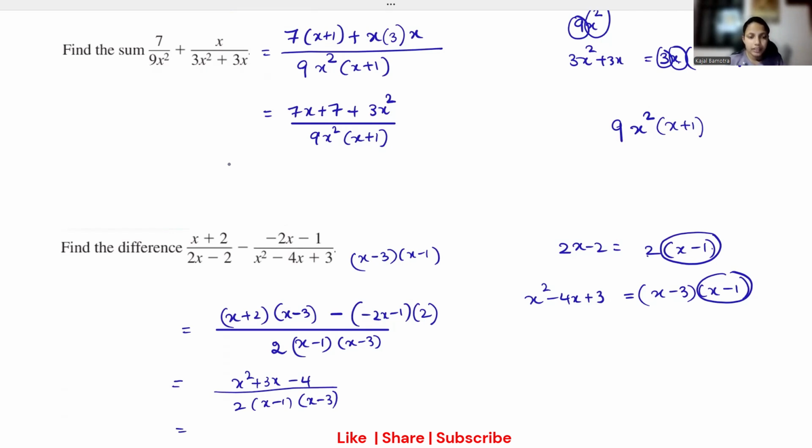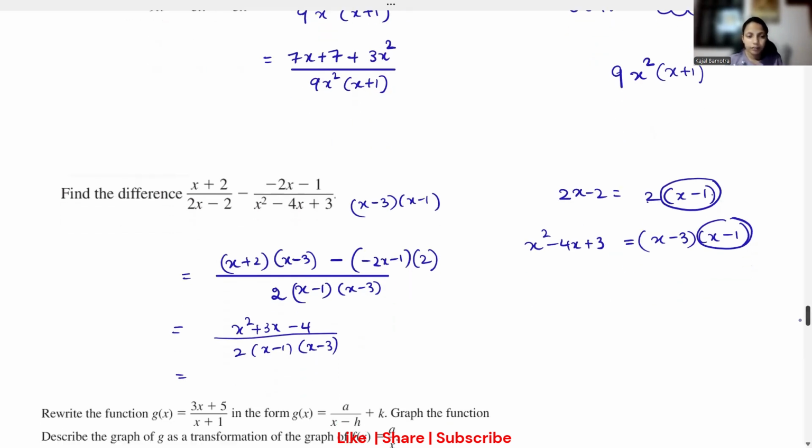If I factorize the numerator, on factorization it gives me x minus 1, x plus 4, over 2 times x minus 1, x minus 3. I cancel this factor, x plus 4 over 2 times x minus 3. This is the remaining part.